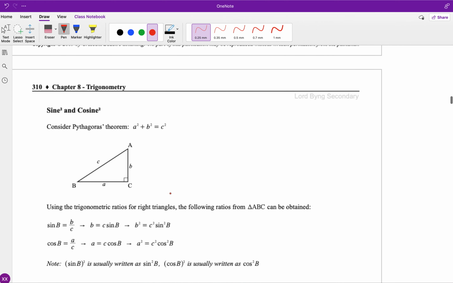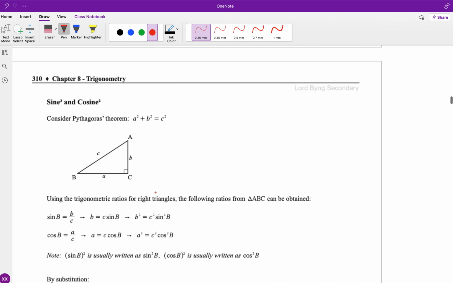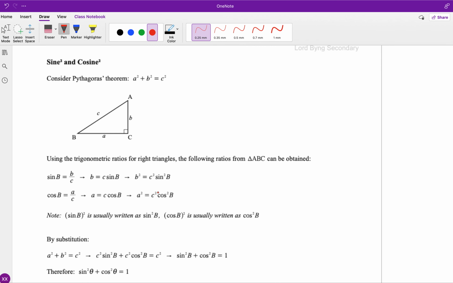Now there's another one: how about sine square and cosine square? If we add them together, it's very interesting. If we add sine square and cosine square together, it becomes 1. Really? Yeah, let's take a look.